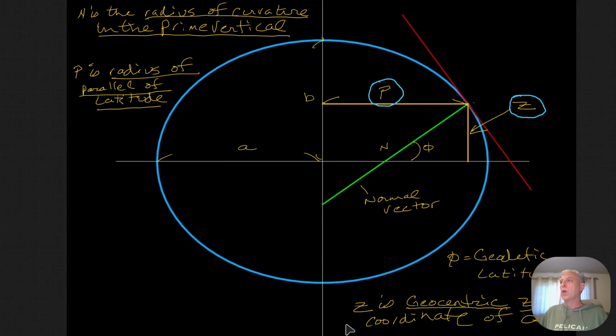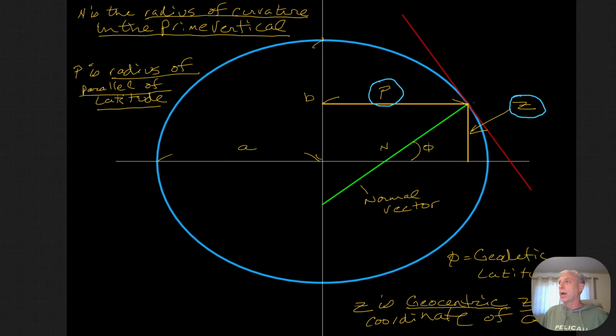So we know that the basic formula for an ellipse itself is x squared over a squared. I think that's right. Yep. Plus y squared over b squared equals 1. That's just the basic formula of any ellipse.